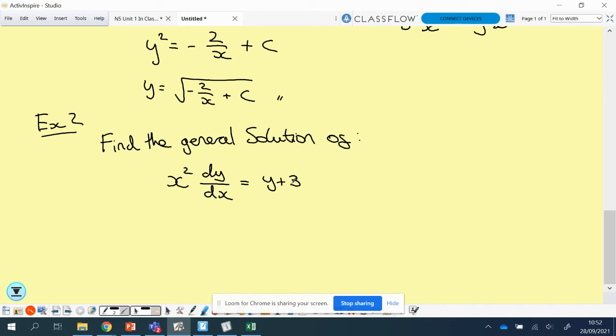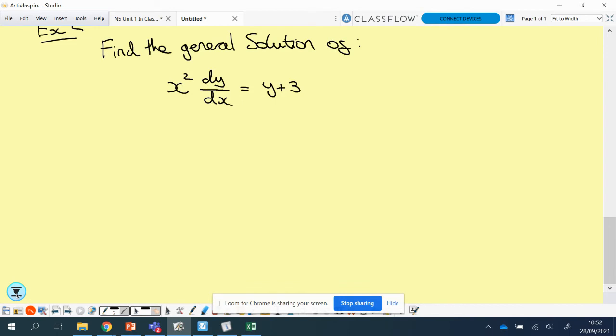So that's what we're going to try and find, a y function that would satisfy that equation. Hopefully you see straight away that it's sort of the wrong way round, isn't it? Ideally I want all my y's on the left hand side and all my x's on the right hand side. So what I'm going to do is group this together.